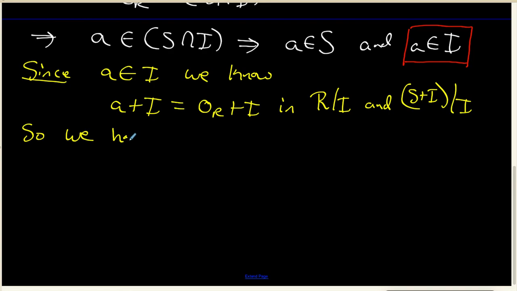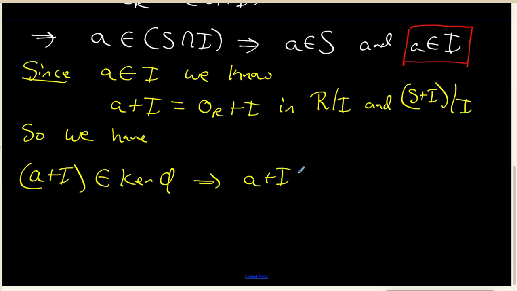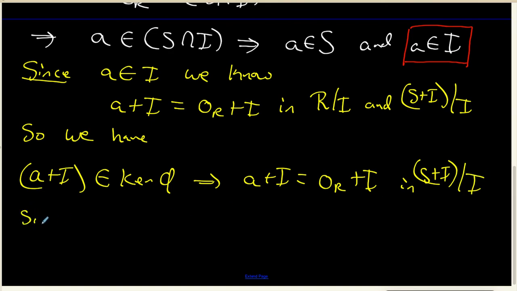We have a plus I belongs to the kernel of phi implies a plus I is exactly equal to the 0 element inside our domain ring S plus I mod I. And so this says that the kernel of phi is indeed trivial.